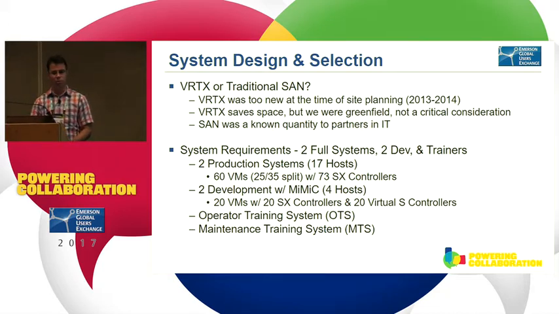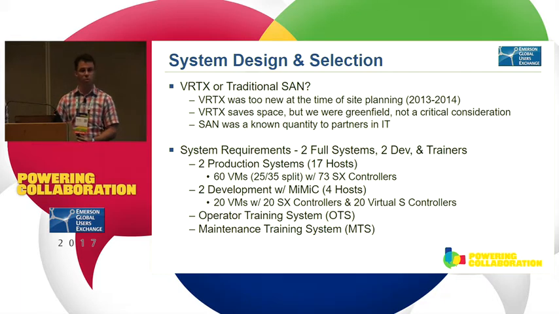Even though Vortex saved space, it was a new project, so space was not a critical issue for us. And for our side, the system requirement was to have 2 full DeltaV systems with a total of 17 host servers and 60 VMs.